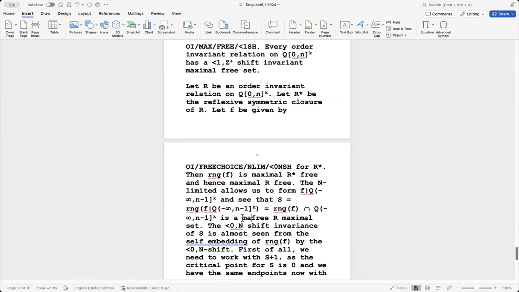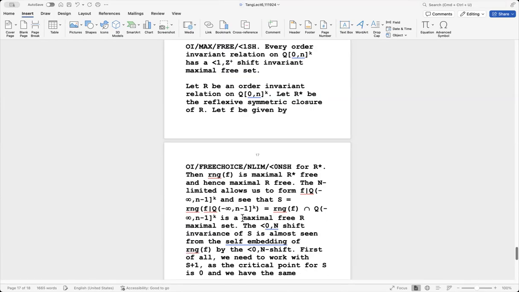Maximal free, sorry. Okay, and the less than 0 n shift invariance of S is almost seen from the self-embedding of the range of F by the less than 0 n shift. I mean, the less than 0 n shift invariance of S in the sense of invariant maximality. Now, what we really want is less than one Z plus shift.